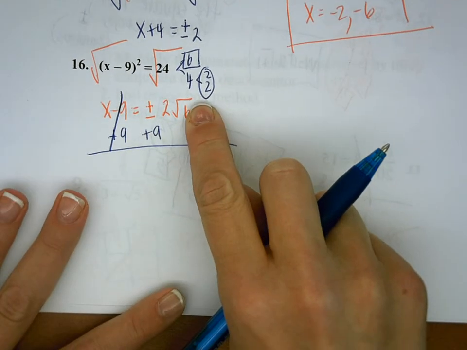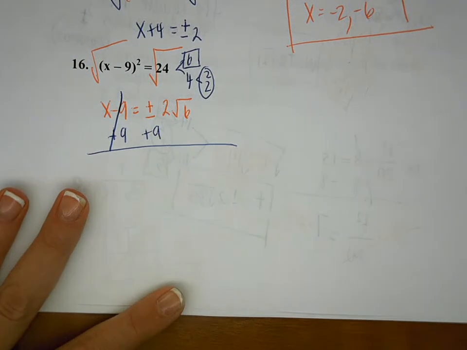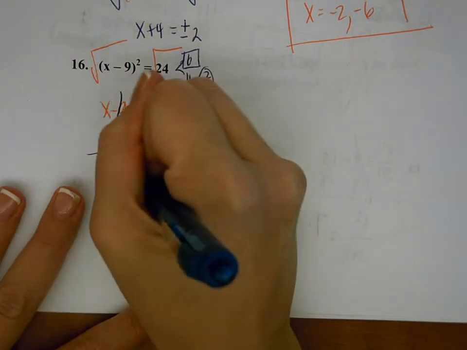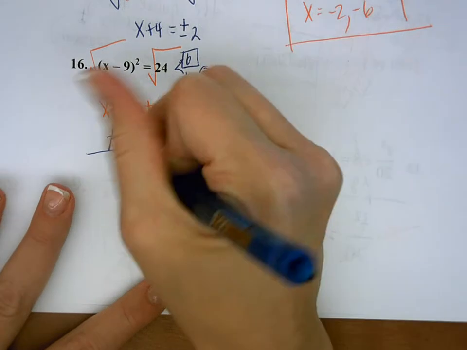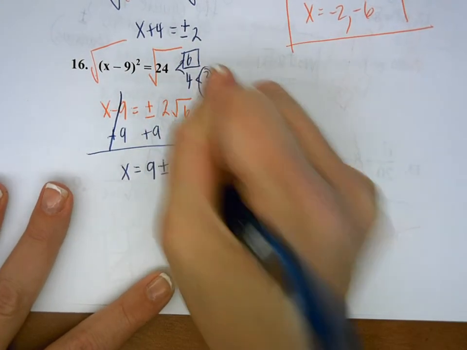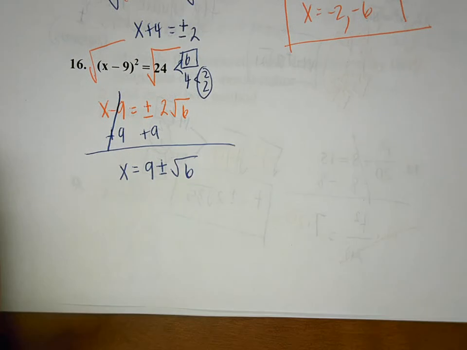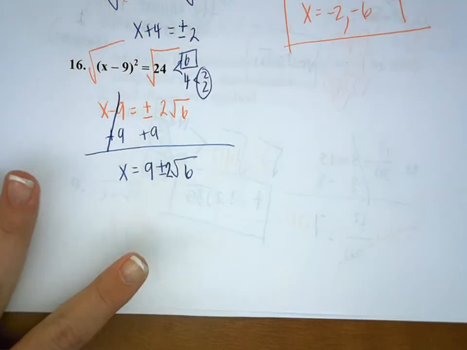No, because 9 would also have to be a root 6 in order for us to put it together. So when you write this answer, you always want to write the part without a root first. So I'd write that as 9 plus or minus 2 root 6. Thank you. 2 root 6 is what I meant to say. Candies for some of you.